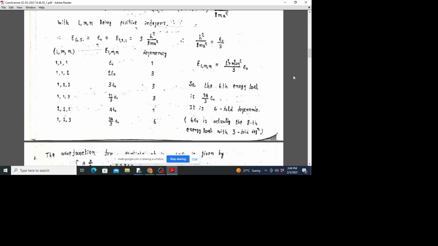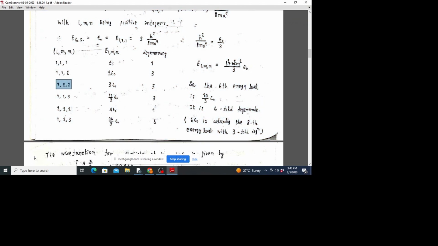So the degeneracy is in how many different ways you can represent a particular energy level, like this one. In how many ways can you represent this 3 epsilon naught energy level? As I have explained, you can do this in 3 ways.